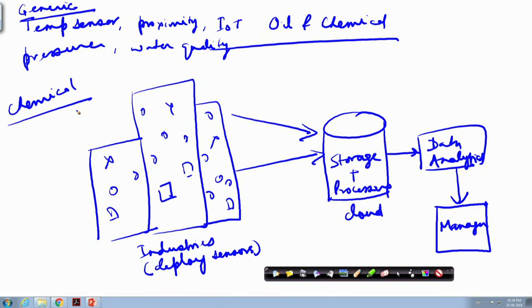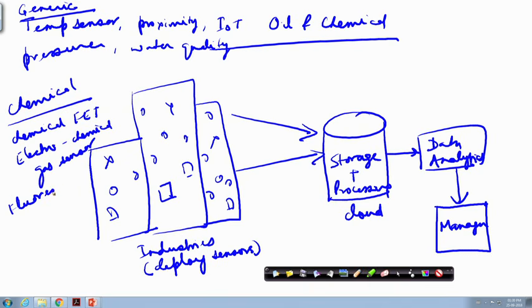For example, we could have the chemical field effect transistors, we could have electrochemical gas sensors, or different other types of gas sensors also, fluorescent chloride sensors. pH sensor is a very common one.